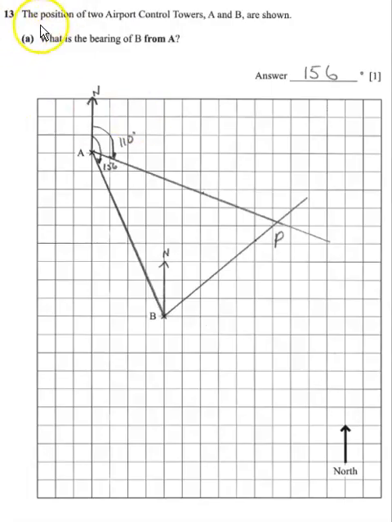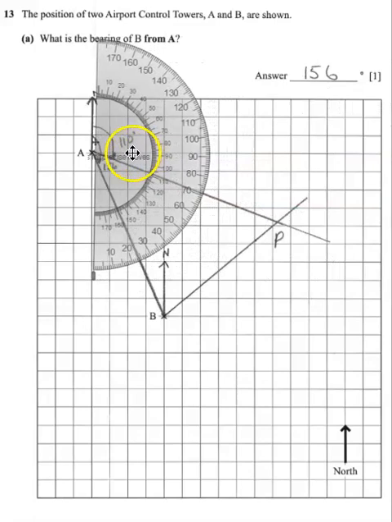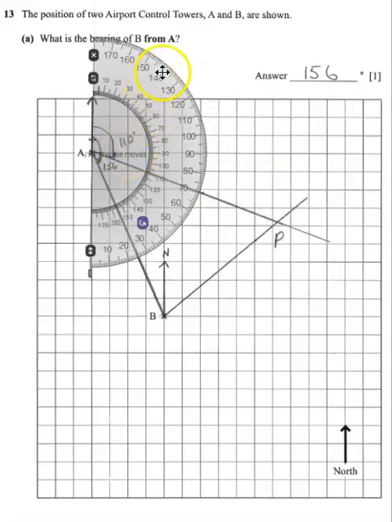For question 13, the positions of 2 airport control towers A and B are shown. What is the bearing of B from A? So I know I've drawn everything out from this question, but the first thing that you would do here is connect those two together, A and B. And you would draw a north line from A because it says from A. You would get your protractor and you would put it here, and you would measure the bearing, and you find that it is 156 degrees.